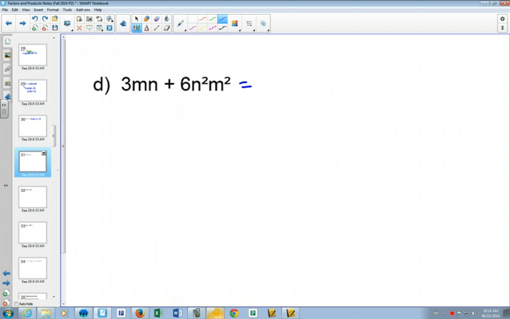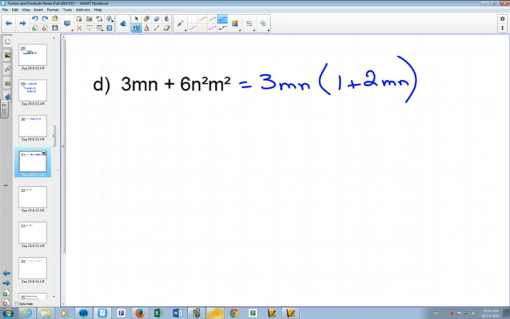All right, what number can you pull out? And any variables? M and n. That'll leave you with a 1 here at the beginning, and plus 2. And we need one more m and one more n. And it doesn't matter if you write nm or mn.